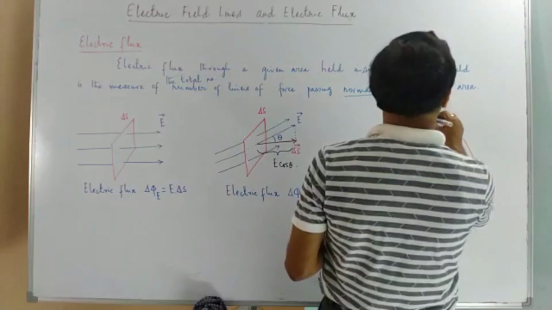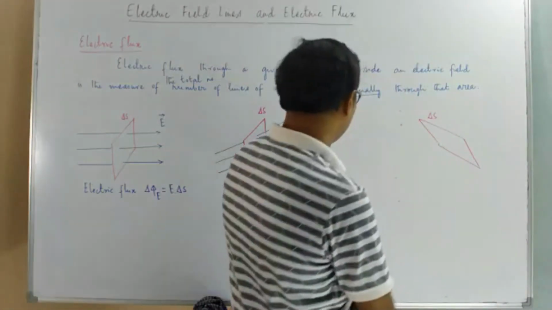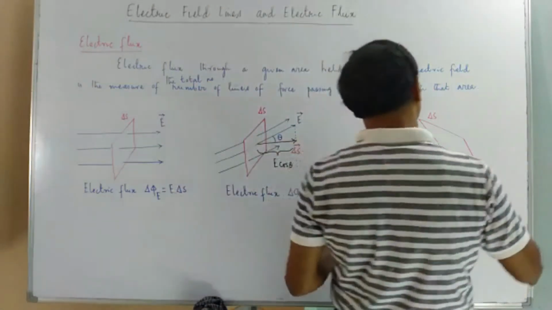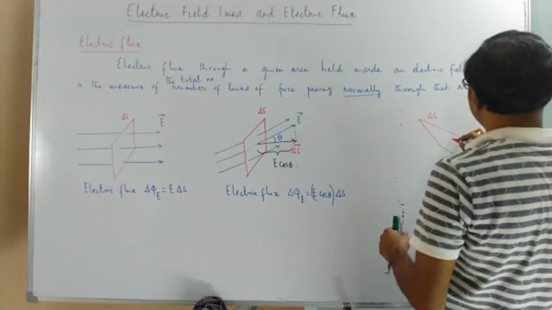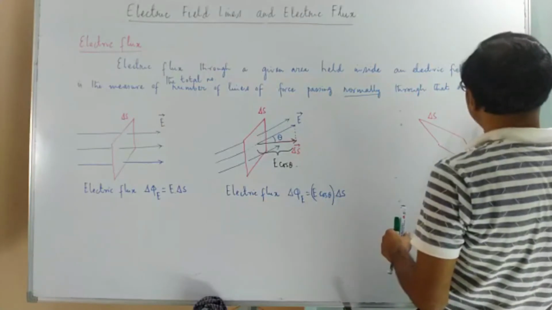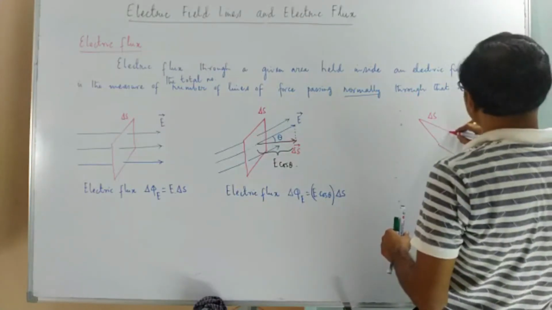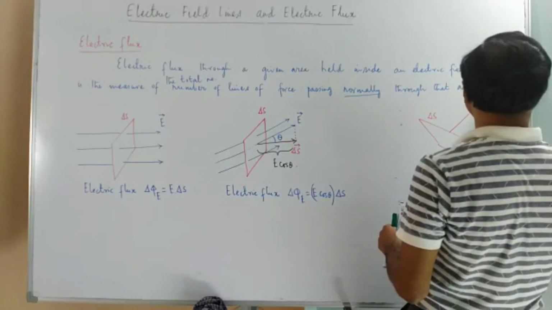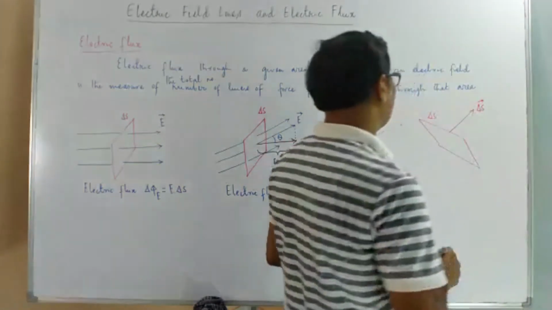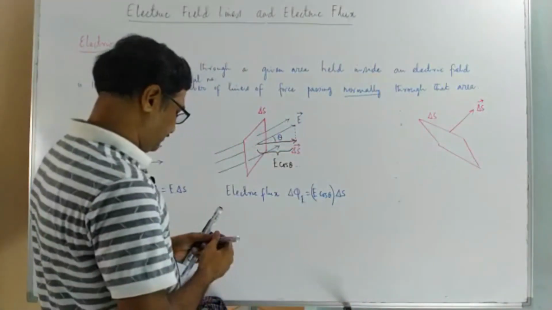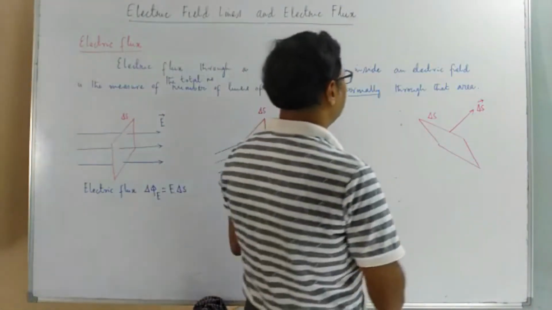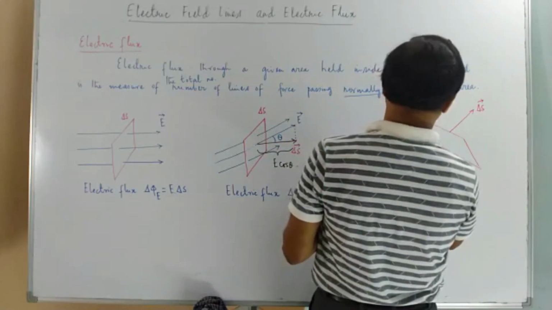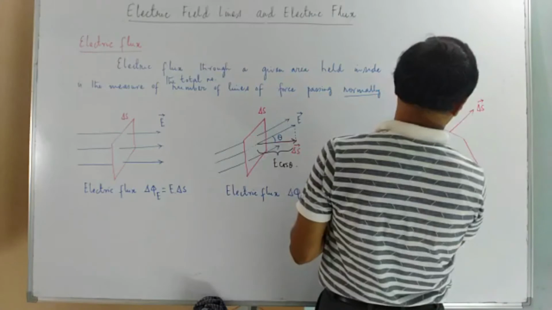I can also consider a third situation. So I consider this to be the surface element. And here you can see that the outward normal is along this. So this represents the direction of the area vector. Whereas the electric field is acting in the horizontal direction.